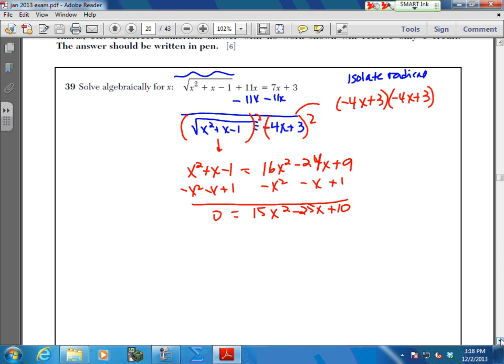Now notice, you have a common factor. Your greatest common factor right now is 5. So divide, because this is an equation, divide by 5. And factor this. Use your A times C and get your factors.